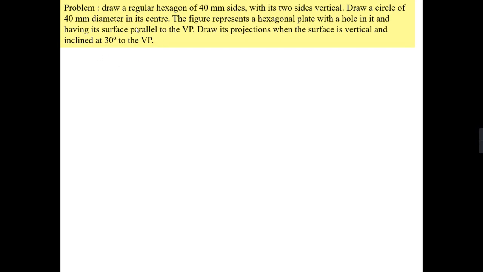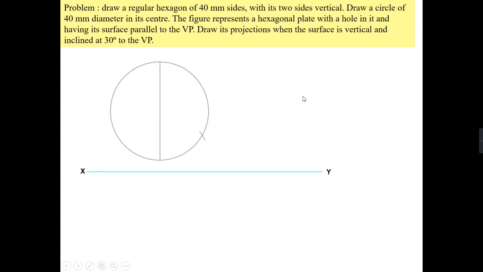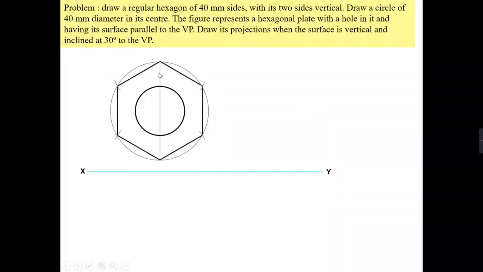Okay, if it is 30 degree inclined to the vertical plane, first we have to assume the surface is parallel to the vertical plane. So first of all, we will draw the hexagon and circle, and it will have a true shape in the front view. As I told you in the previous problem also, the angle between these two lines will be 120 degree.